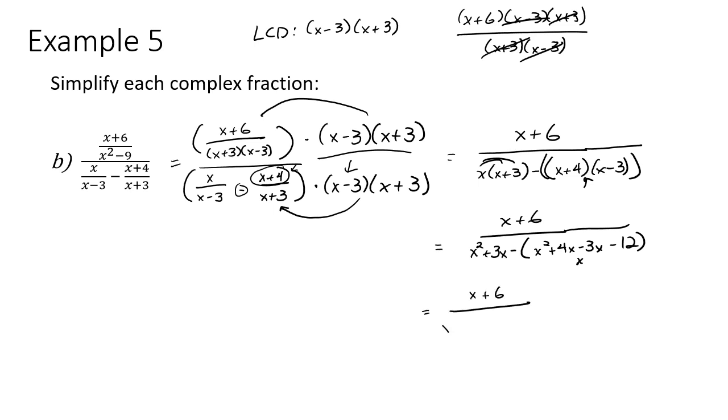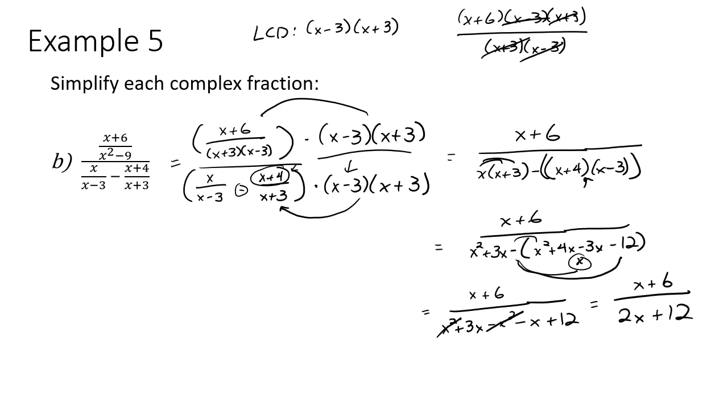I'm going to distribute the minus sign through now. So that would be a minus x squared. And I'm thinking of this as just the 1x. So minus x minus a negative 12 becomes plus 12. And then if we combine like terms, we've got an x squared minus x squared, a 3x minus x, and then a plus 12.